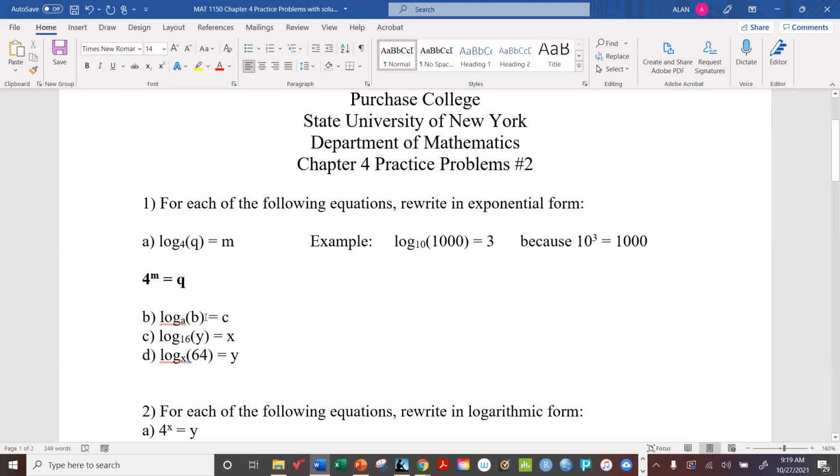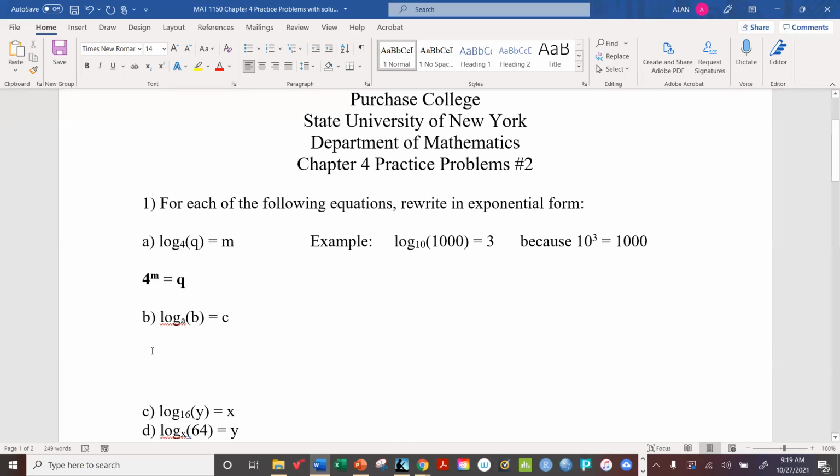So if you have an actual numerical example in front of you that makes sense, you should be able to reason it out. So here, for example, based on the same reasoning, a to the c power equals b. And it's always the same.